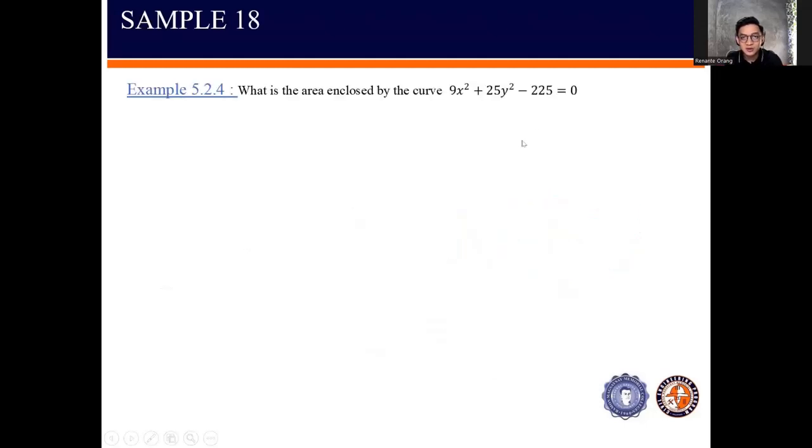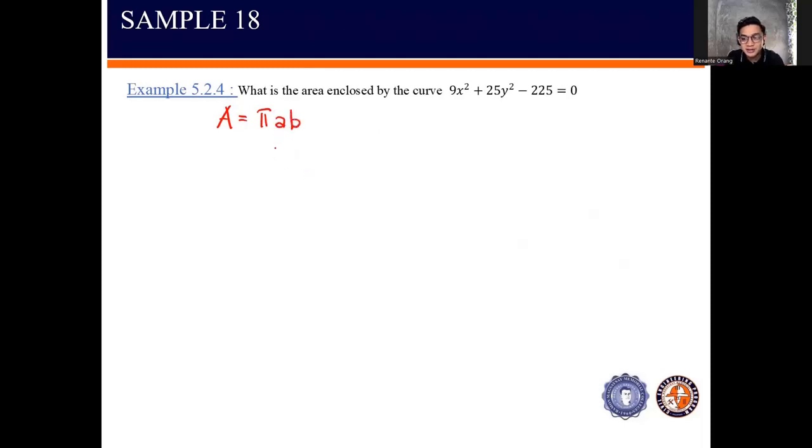Okay, let us proceed to our first example. Earlier, we did not put our formula for the area of this curve. It is an ellipse. The area of an ellipse is equivalent to pi times a times b. I hope we already discussed this in past topics, but if not, let us recall it.